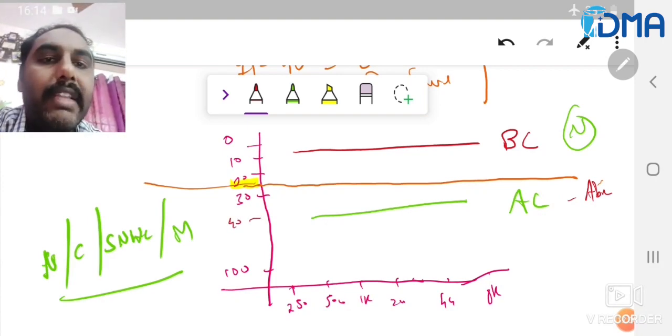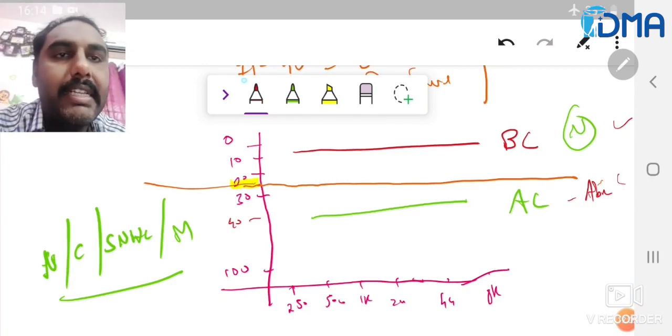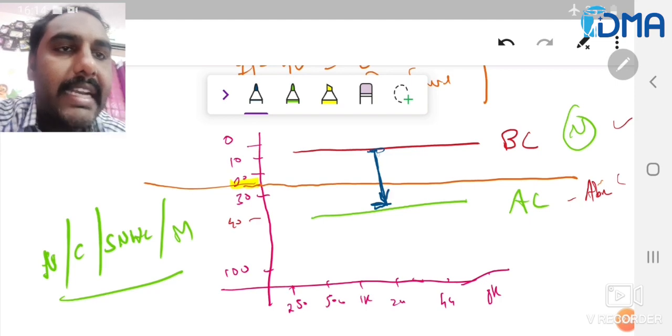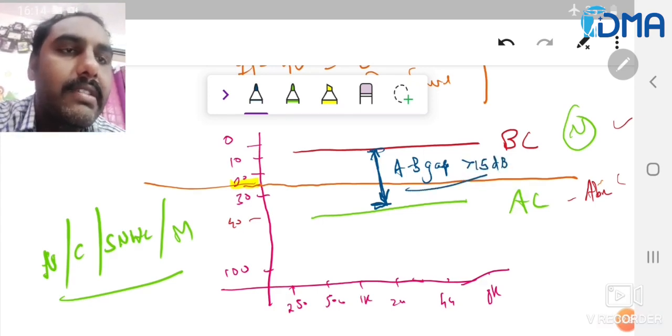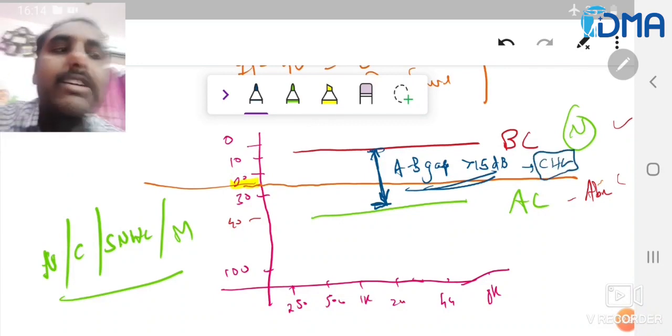Okay. So when the bone conduction is normal and the air conduction is in the abnormal range, and there is an air bone gap, see, between the bone conduction and the air conduction there is a gap, this is called an air bone gap. If this air bone gap is more than 15 decibels, we need to think of a conductive pattern of hearing loss.